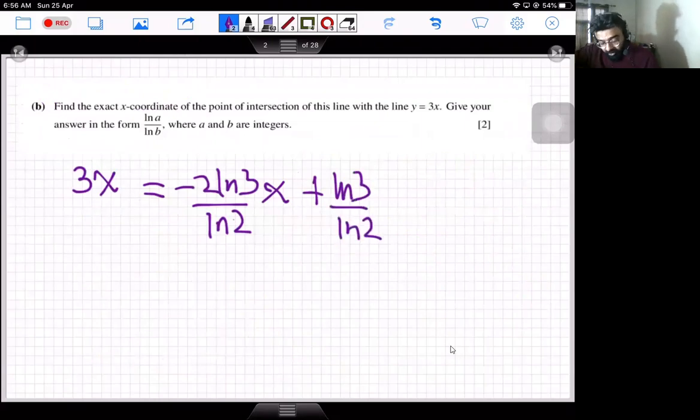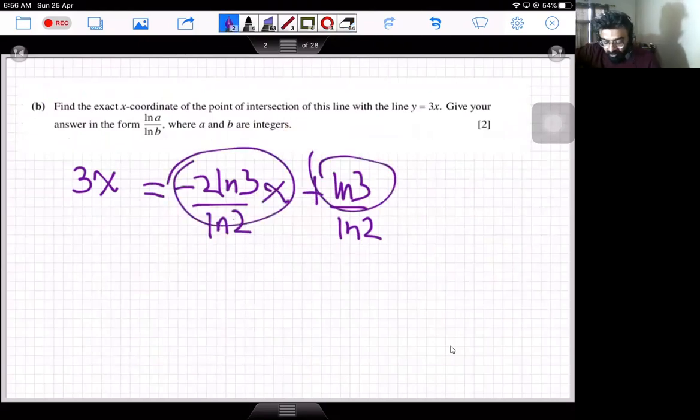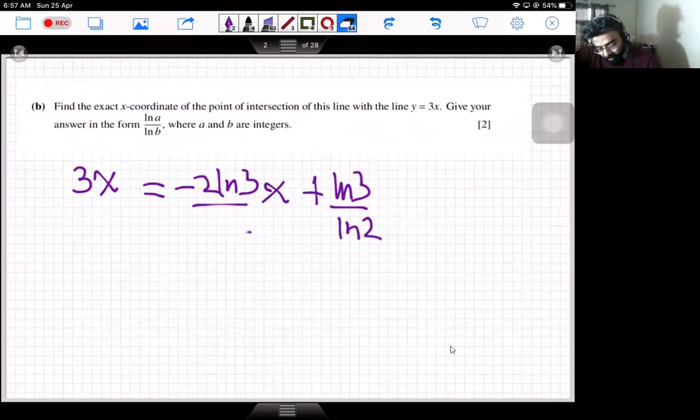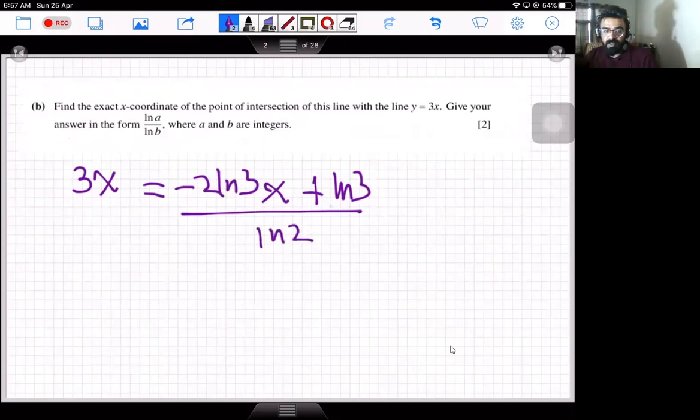Since you know that ln2 is a common denominator under both of these terms, you can rewrite this equation in this form as well: minus 2 times ln3 multiplied by x plus ln3, and then the whole thing divided by ln2, isn't it? So ln2 will be multiplied by 3x, so this will become 3 times ln2 and then multiplied by x.